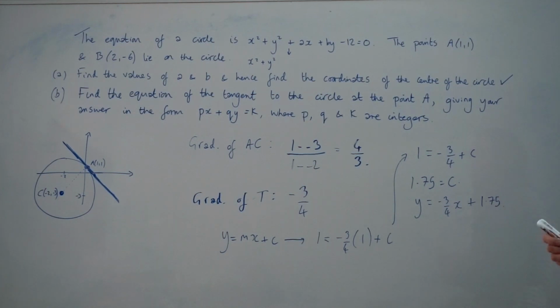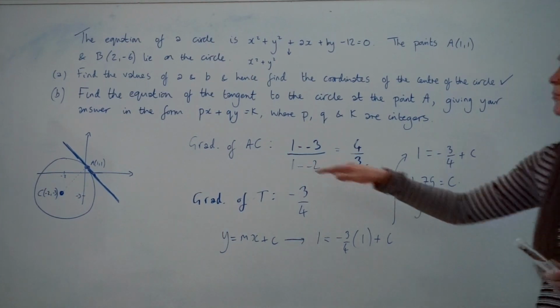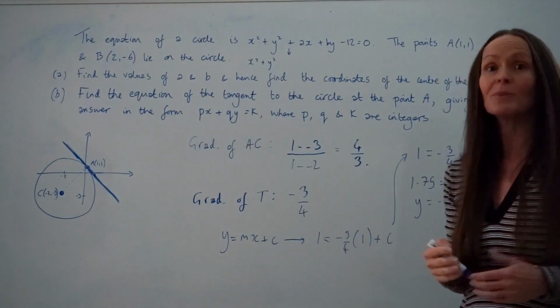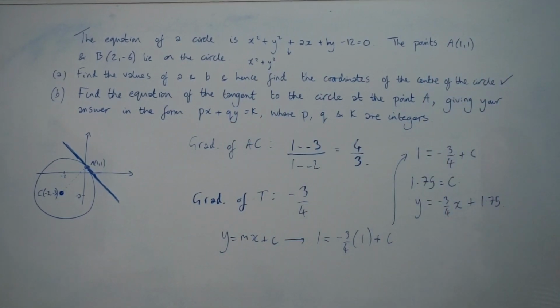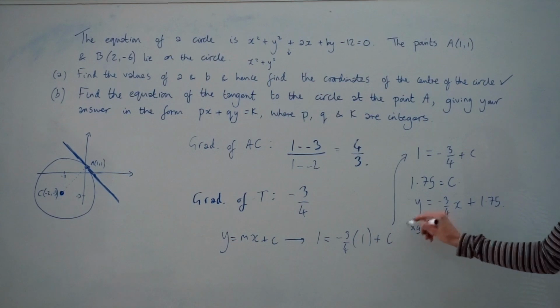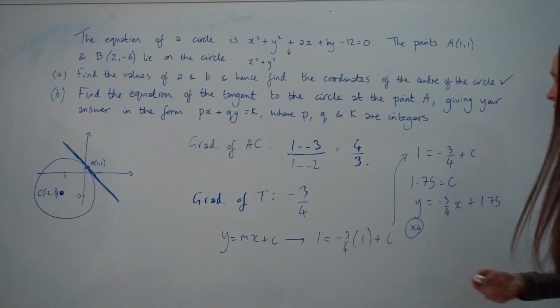However, we have to make sure that we write the equation in this form, and p, q, and k have to be integers, and at the moment they're not. So what I'm going to do is multiply everything in this equation by 4, okay, as that will give us the integers that we need.